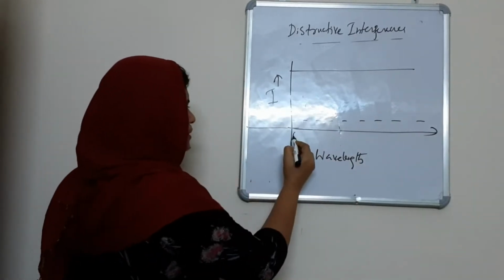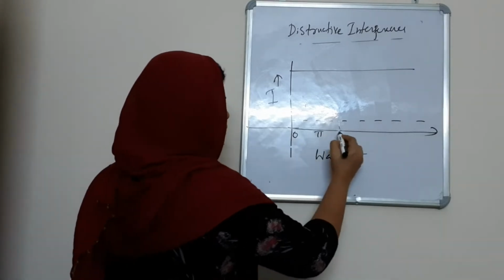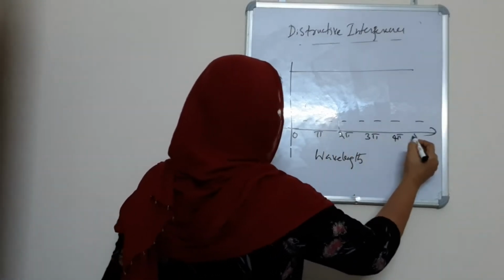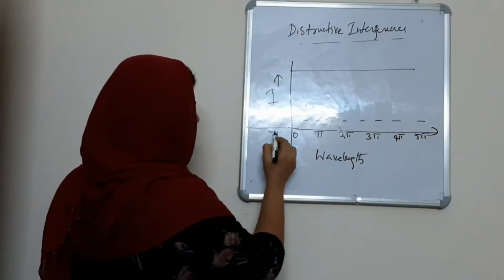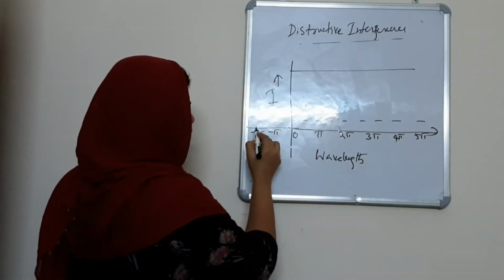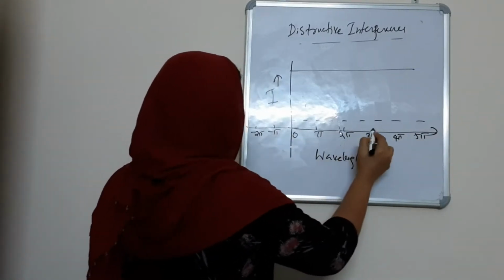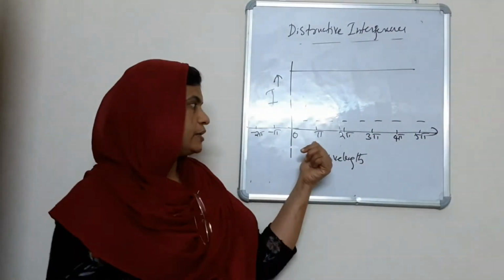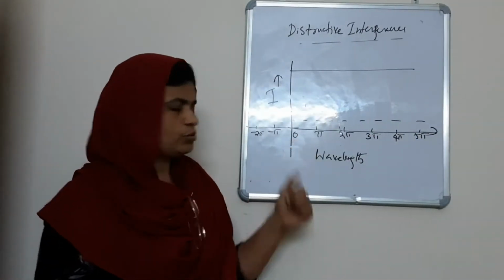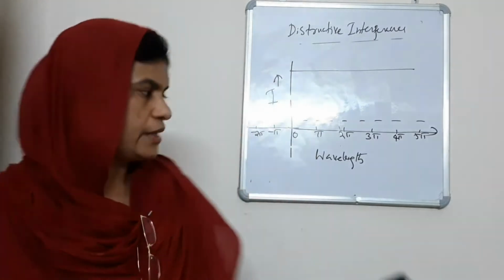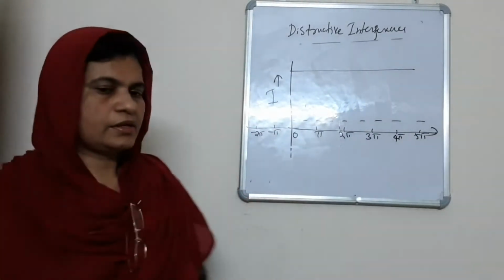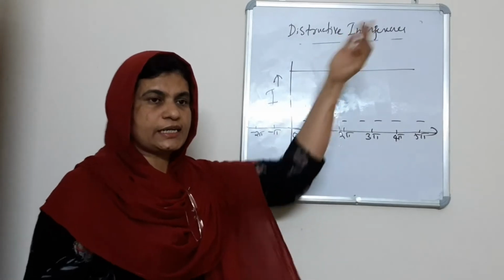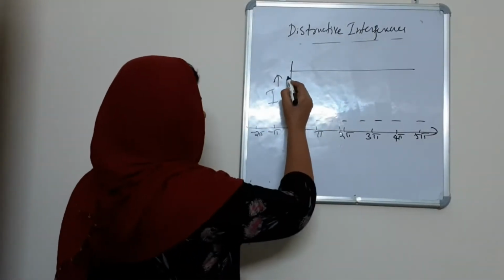When the angle is equal to 0, pi, 2 pi, 3 pi, 4 pi, 5 pi, etc., and here minus pi, minus 2 pi, etc. For the wavelength, phase is equal to wavelength phase angle. When it is 0, we get constructive interference or maximum intensity.